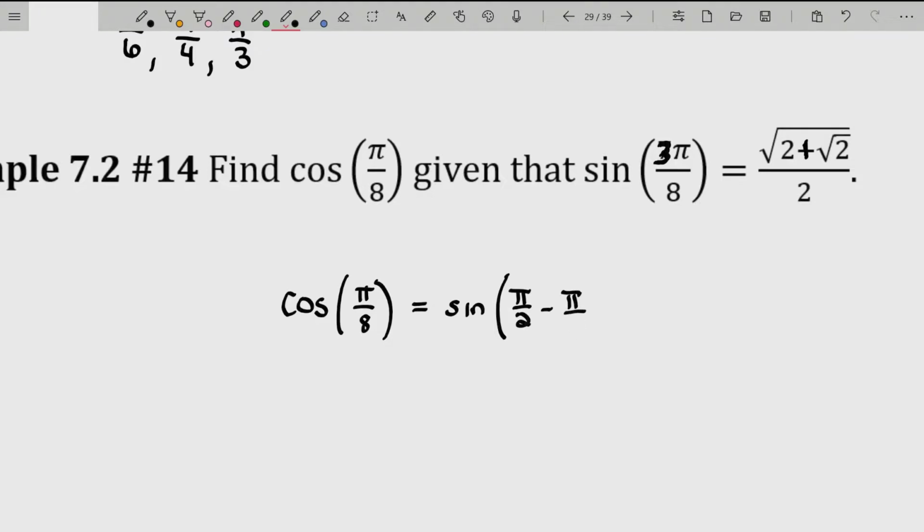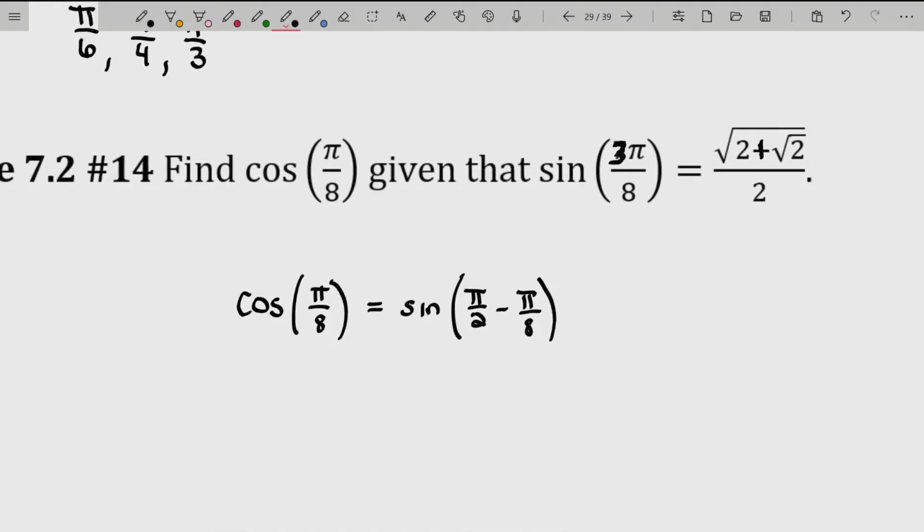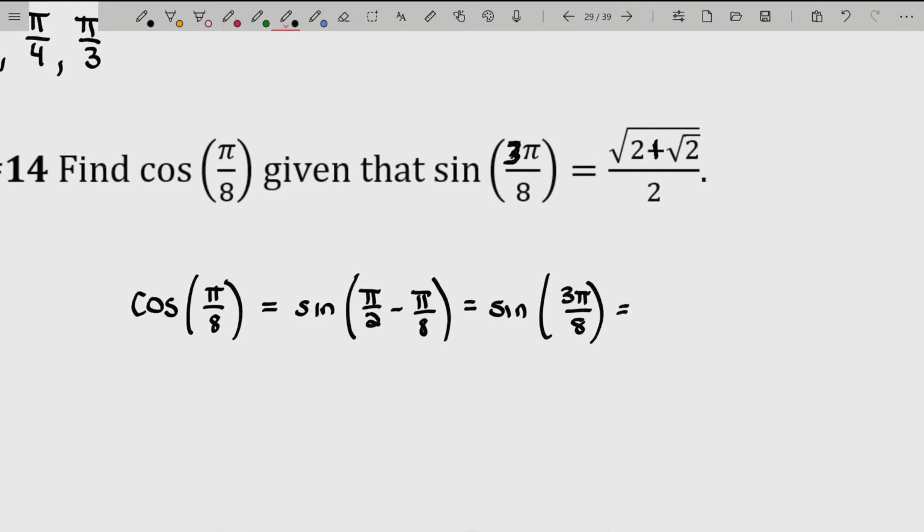Sorry about that. And if you simplify that fraction, that's sine of 4 pi over 8 minus pi over 8, which is the same thing as sine of 3 pi over 8. And all of a sudden, you know what the cosine of pi over 8 is. It is equal to the fraction where the numerator is the square root of 2 plus the square root of 2, all over 2.